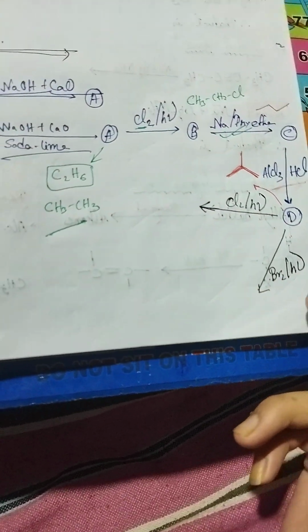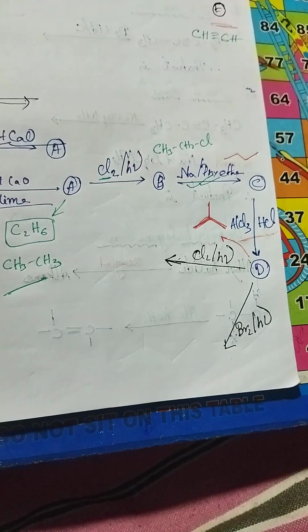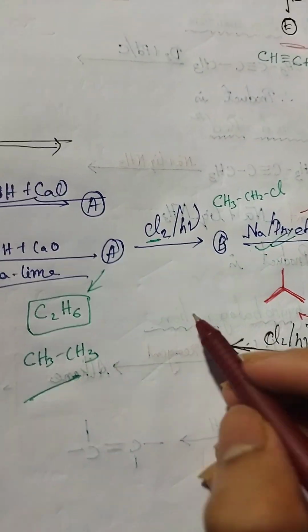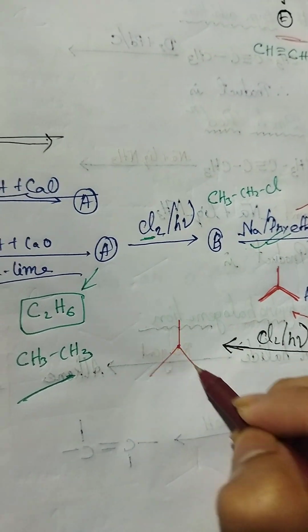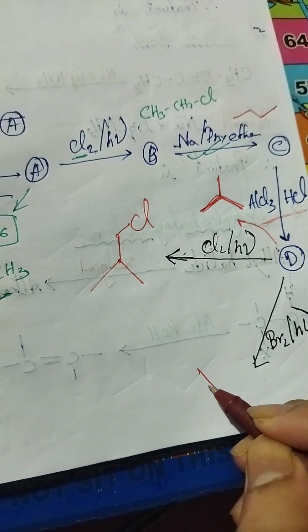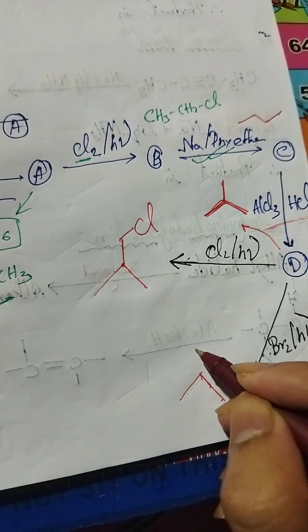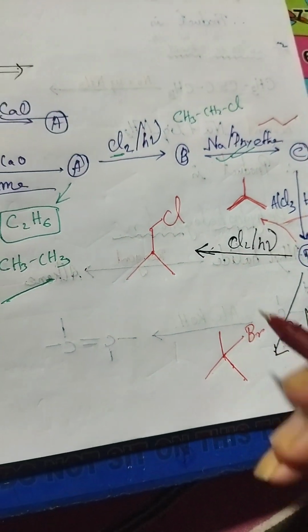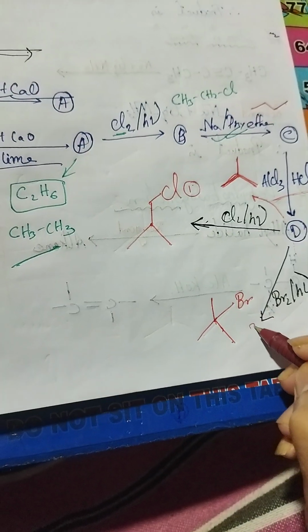In this reaction also, as in the previous page, for chlorine this is the major product, and for bromine the tertiary bromide is the major product, not the primary bromide.